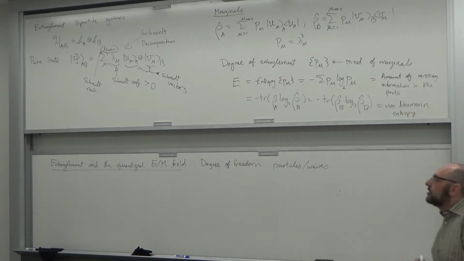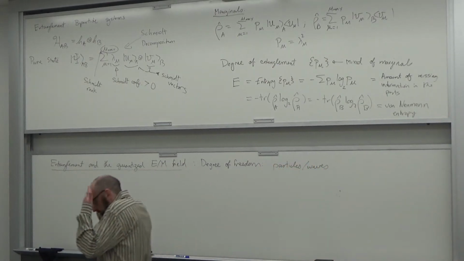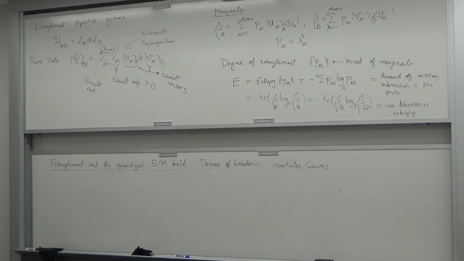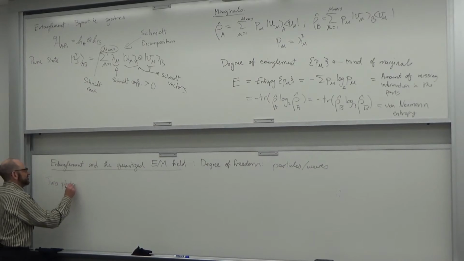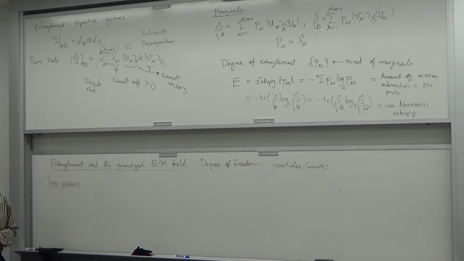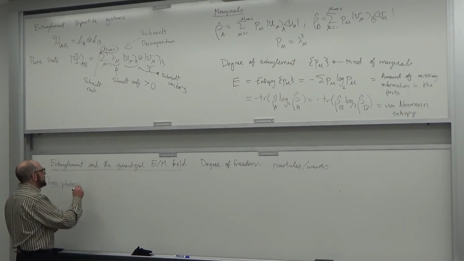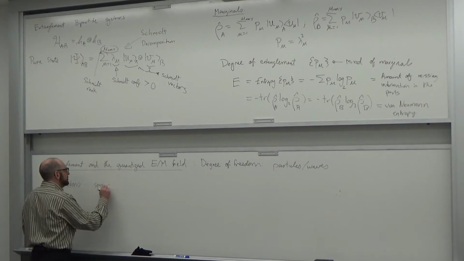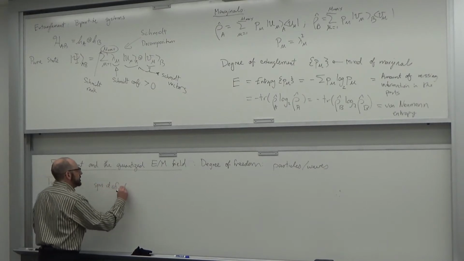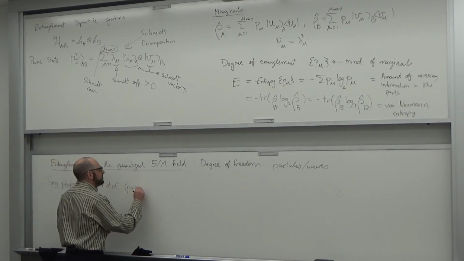Okay? So in particular, the easiest kind of conceptual thing that we might think about is, say, two photons. Okay? Let's just think about that. And we can think about, for example, the spin degree of freedom, which of course is the polarization of the photon.